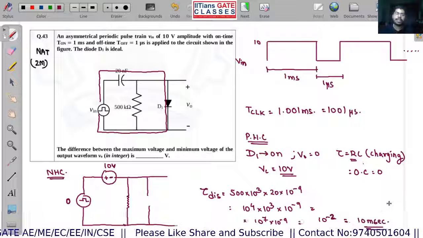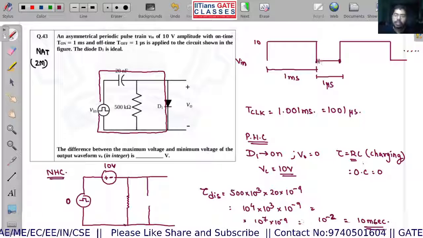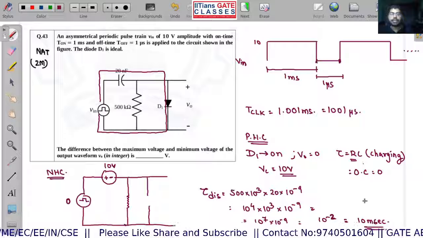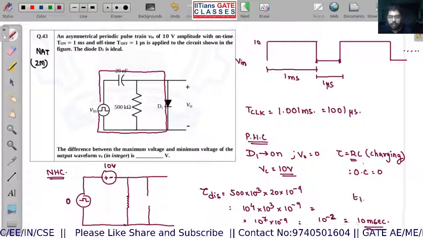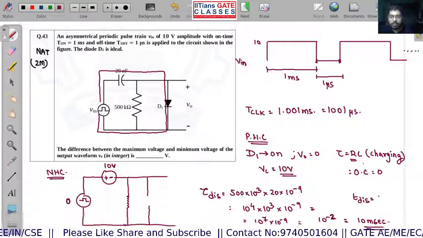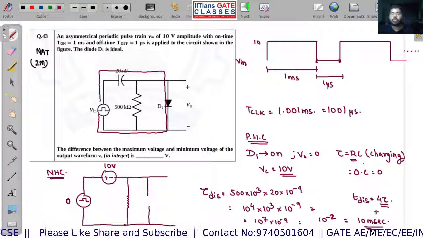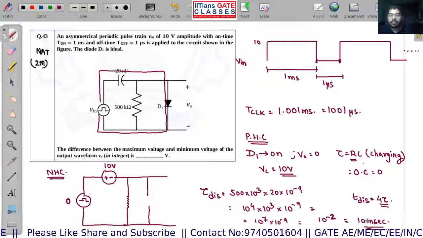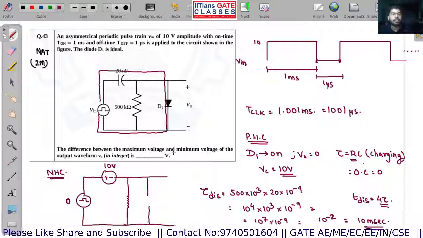So the capacitor's total discharge time will be 4 time constants, or 5 time constants if you know. So it will take nearly 40 milliseconds for this capacitor to discharge completely.